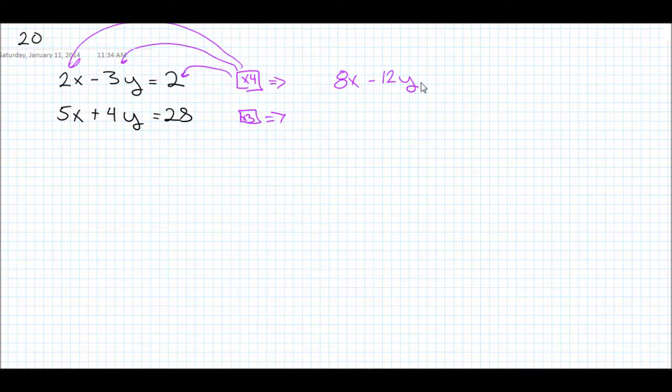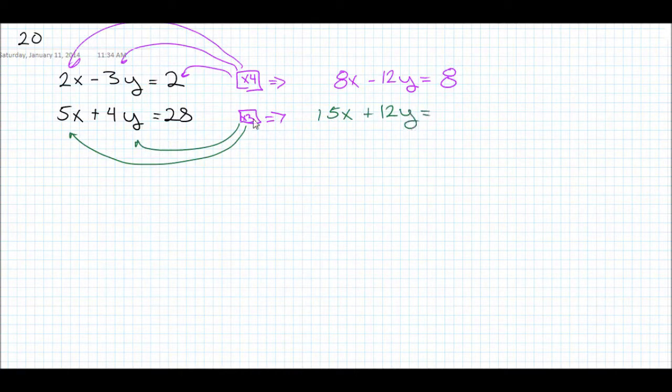And 4 times 2 is 8. Okay, the second one we're going to multiply by 3. 3 times 5x is 15x. 3 times 4y is positive 12y. And 3 times 28 is 84.